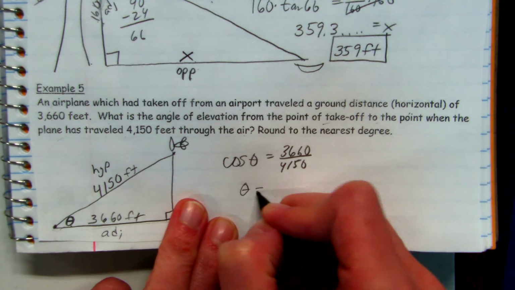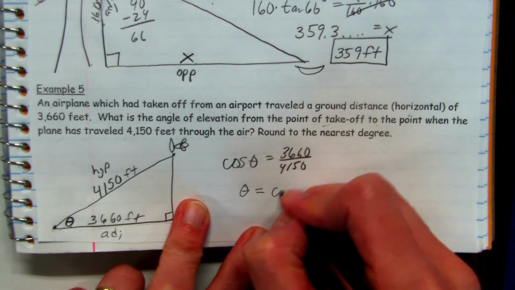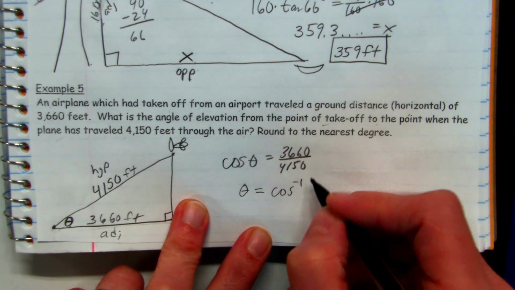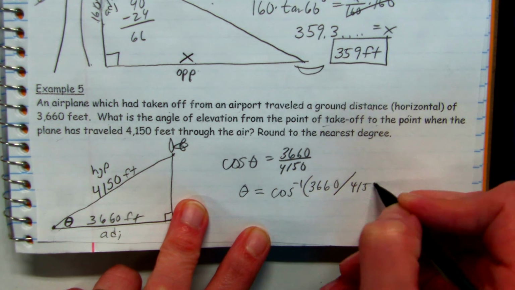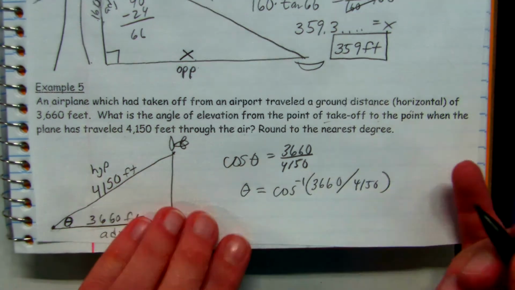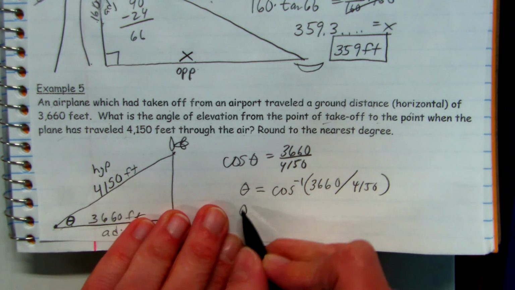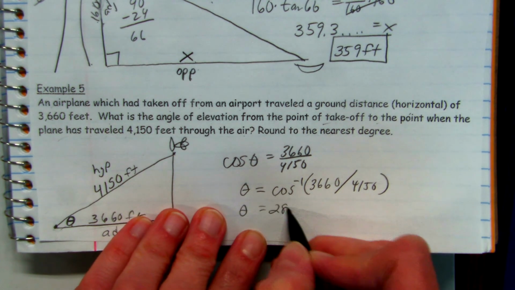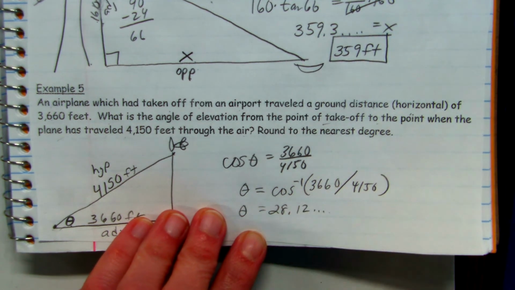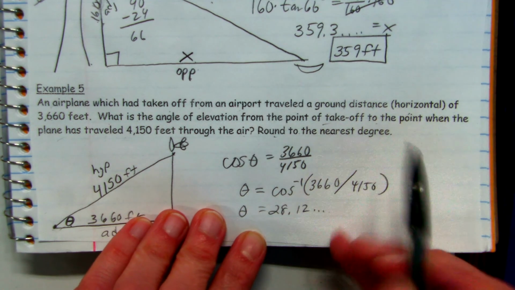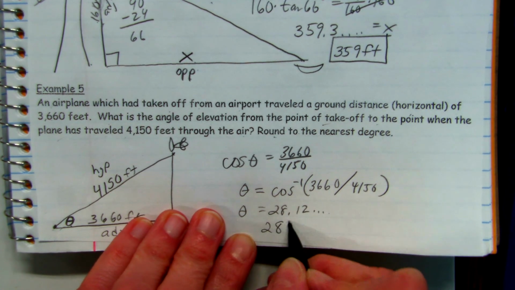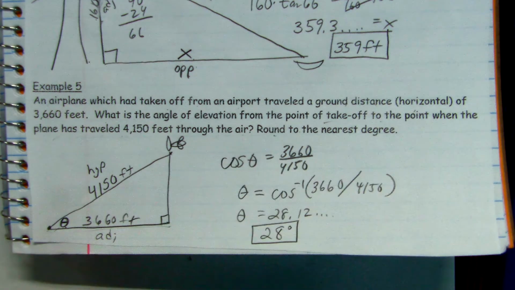How do we find angles? Cosine to the negative 1, the inverse cosine. And so we can type it into your calculator like this. We've already done that several times. And it comes out that theta is about 28.12, and there are other decimal places. It says round to the nearest degree. So we'll just round that off to 28 degrees.